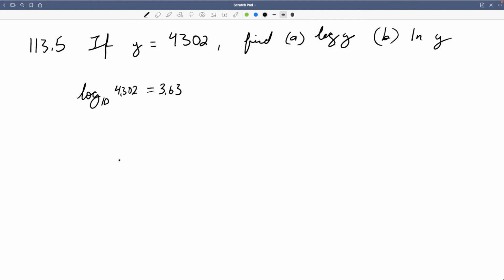Right? That could also be written as 10 to the 3.63 is equal to 4302. Either one of those is the same thing.